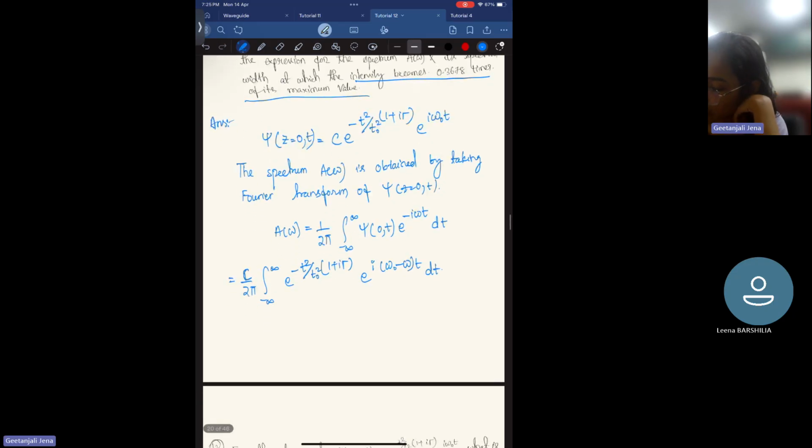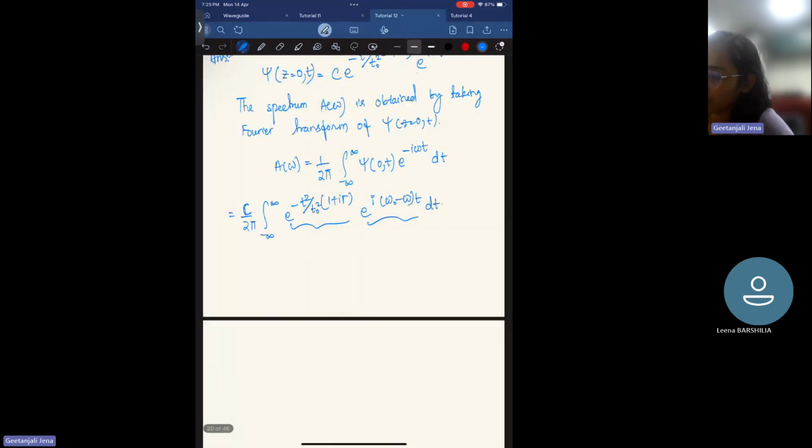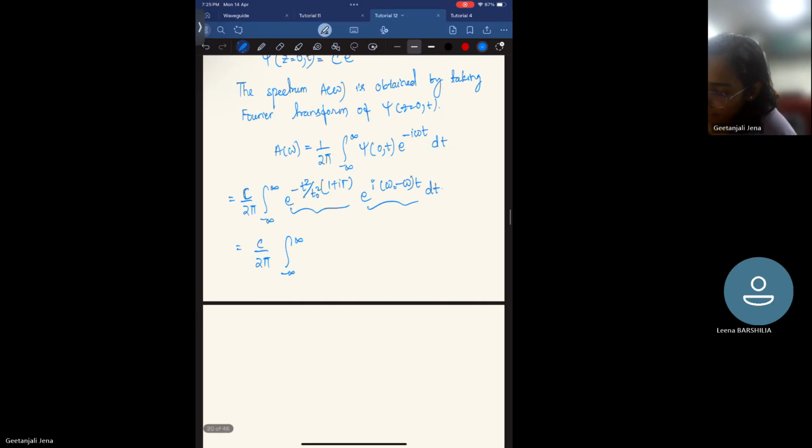This is the well-known integration that we have seen in most cases. It is of the form integral of e to the power minus alpha t² plus beta t.